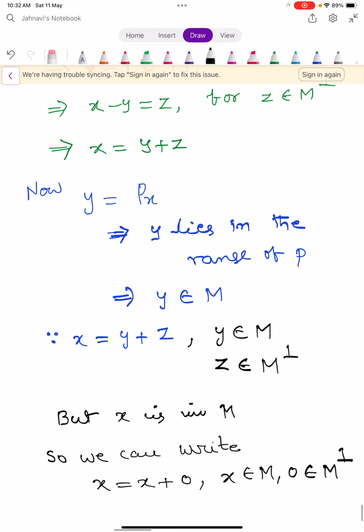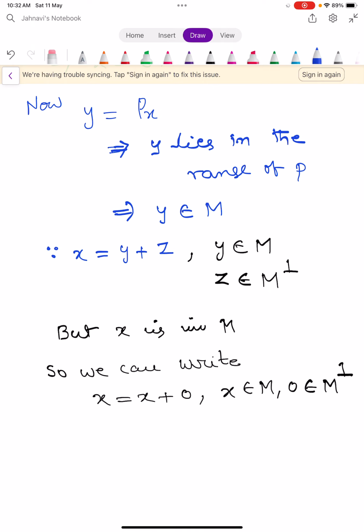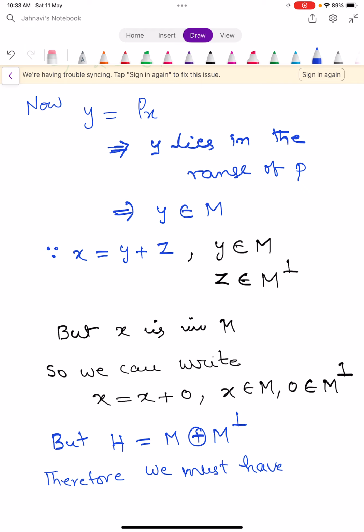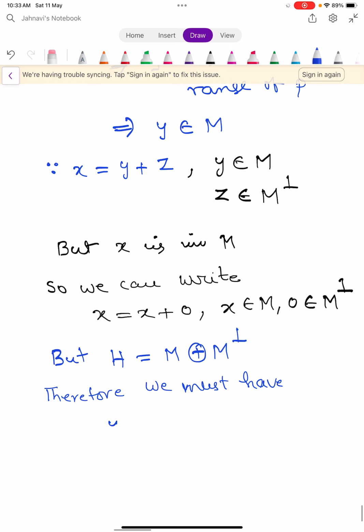But what we learned in the previous videos, H is equal to the direct sum of M and M orthogonal. Therefore we must have y is equal to x, and z is equal to 0.